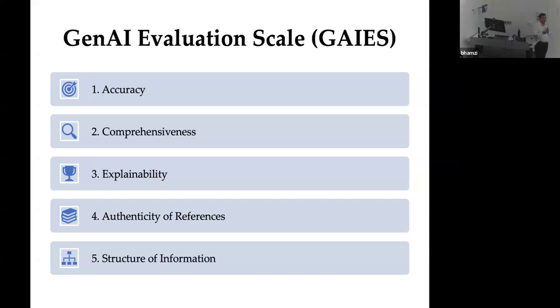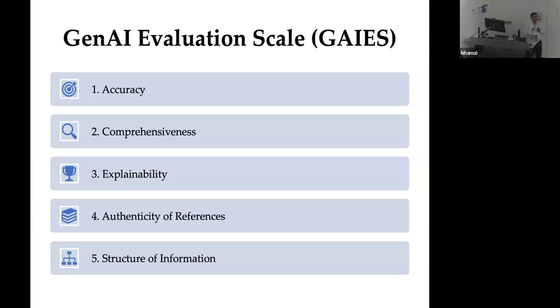So accuracy and authenticity are really important. But for the sake of assessing AI-generated information, I also included to what extent the information is comprehensive. Explainability, how the content is presented, the structure.